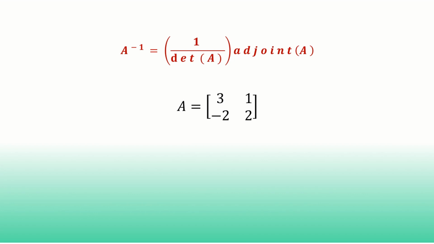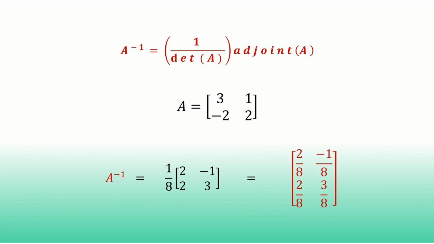Okay, so the inverse, as we found in that video, was given by this. You can see the process of finding this inverse. But today I'm going to describe how we can find the adjoint of a matrix, which is the general method of finding adjoint.